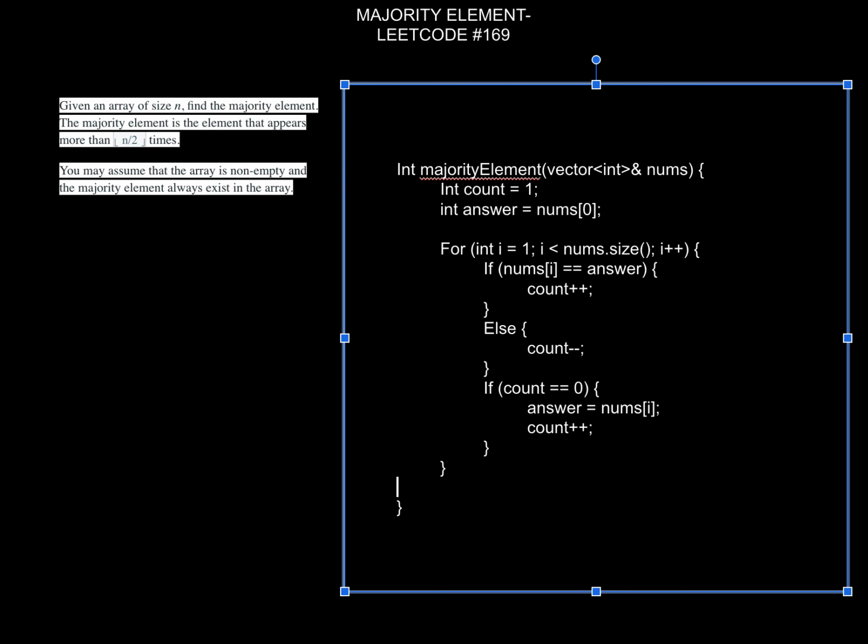And we return answer. So there could be a few cases where there is no majority element, but answer would be the only potential option. But since this question ensures that there's always a majority element, we are sure that returning answer would suffice.